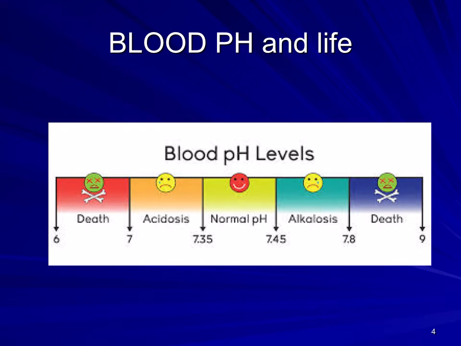Now how do kidneys help? Kidneys are constantly monitoring the pH of blood too. Kidney has filtering units. I don't know if you have done the renal lecture in detail, or maybe I'll be teaching you the renal lecture in detail.